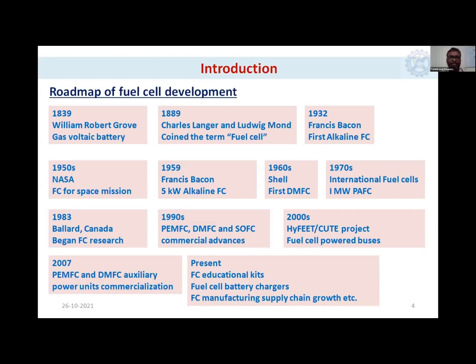For a mobile application, obviously you should mitigate the liquid phase electrolytes. You will see in the subsequent slides that this has been mitigated in the project, and they demonstrated a fuel cell powered bus. And in 2007, the polymer electrolyte membrane fuel cell and direct methanol fuel cell were demonstrated for auxiliary power units.